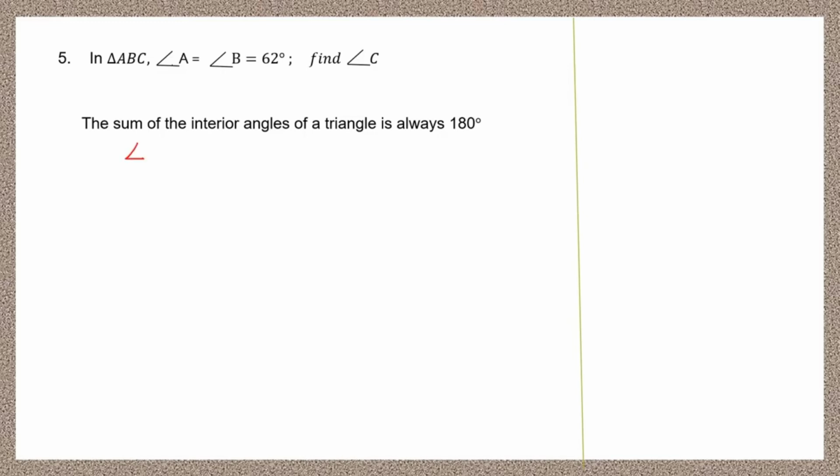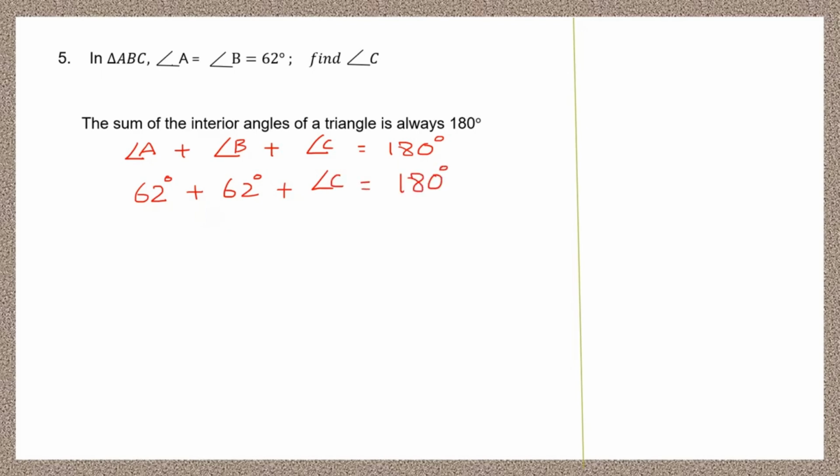So we have to do angle A plus angle B plus angle C equals 180 degrees. Angle A is 62 degrees, B is 62 degrees, and C is what we are going to find out.